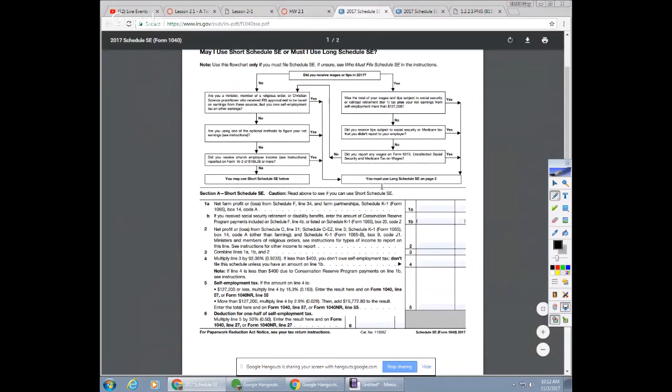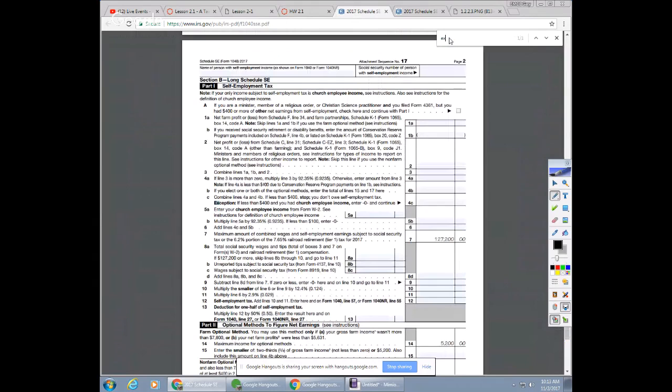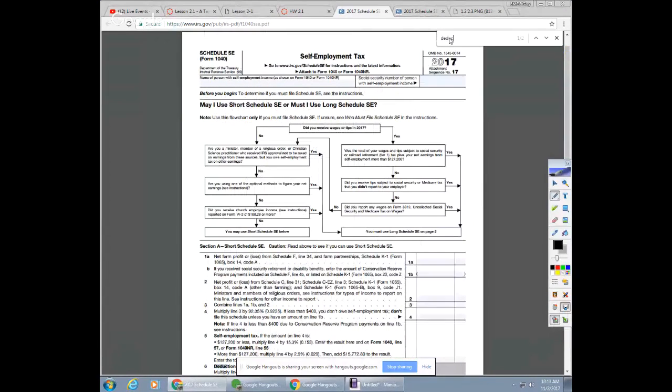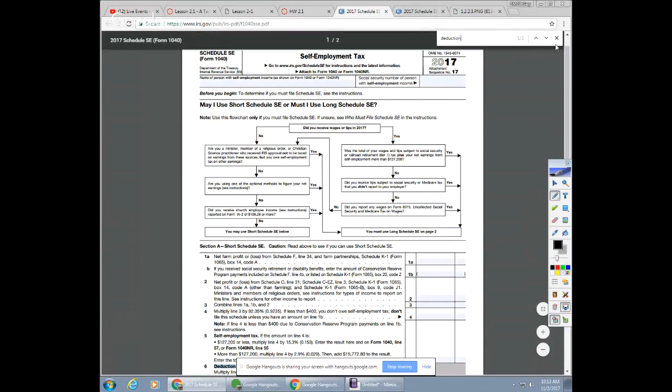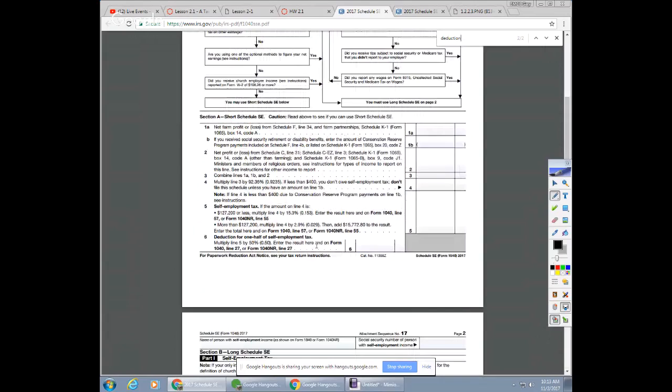Let's see here. Control F. Can we search this? Wages. Okay, good. We can search this form. What are we looking for? Expenses. Deductions. Deduction occurs where? Right here. Deduct 1/2 of self-employment tax. Deductions for 1/2 of self-employment tax. And I don't see anything about expenses.